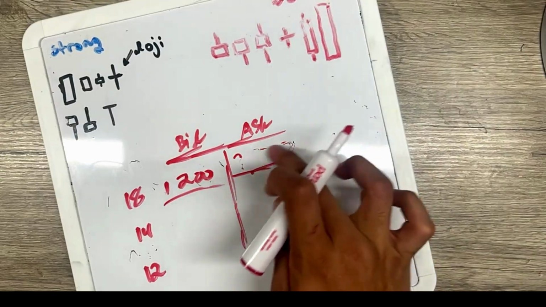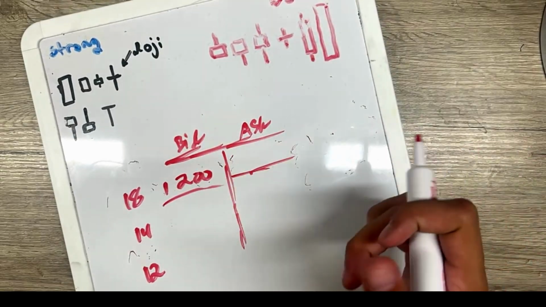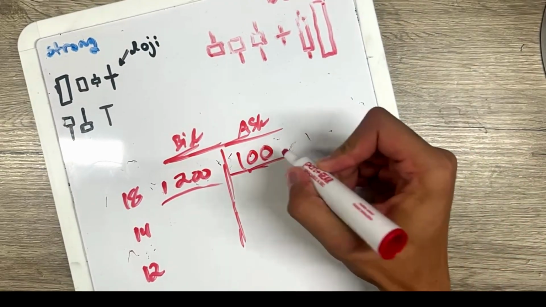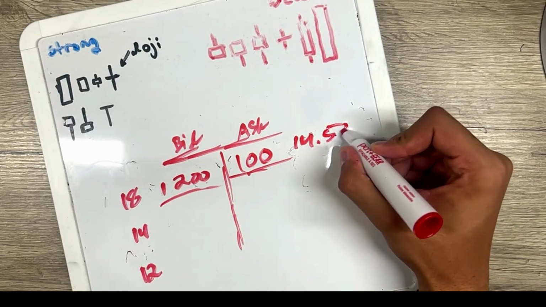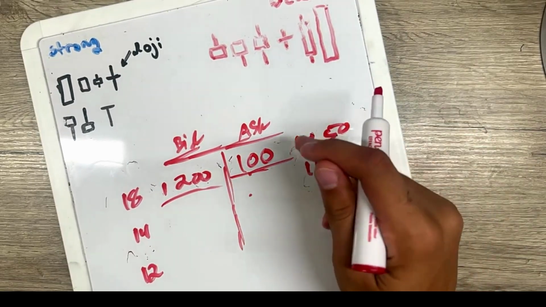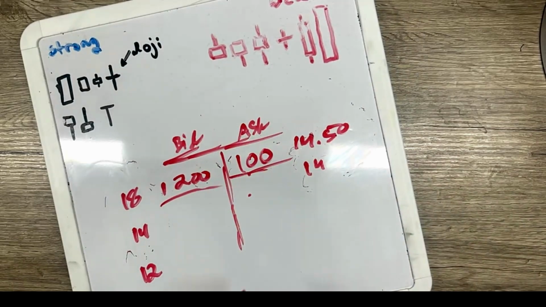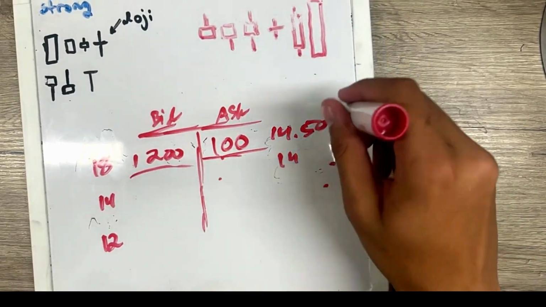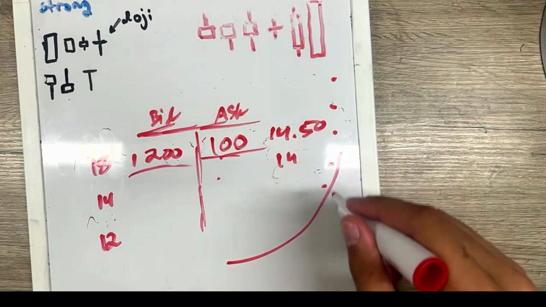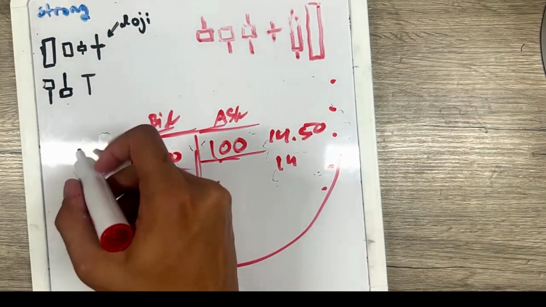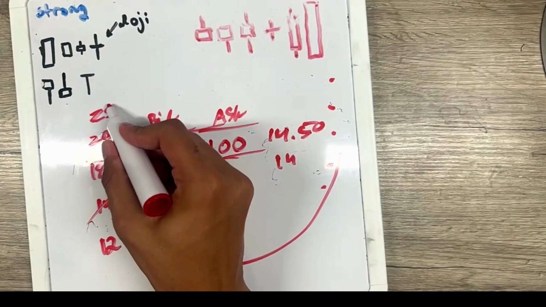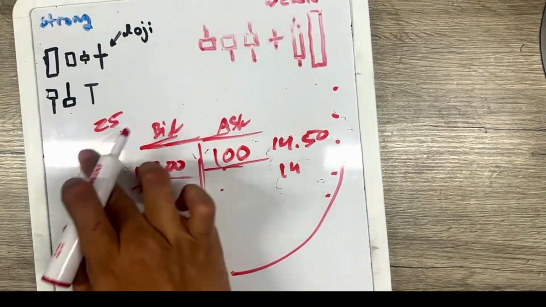You might not even have a number for the ask. It might just be empty. Or it'll come in as 100 shares at 14. And then 14.50 up here. And then 14 here. And then just like that, bam, bam, bam, bam, bam, you see the stock going like this. Just hitting all the numbers and just going straight up. Right to 18. You see this go out, and then you see 20, and then you see 25, and then you see 30, and it just keeps going straight up.